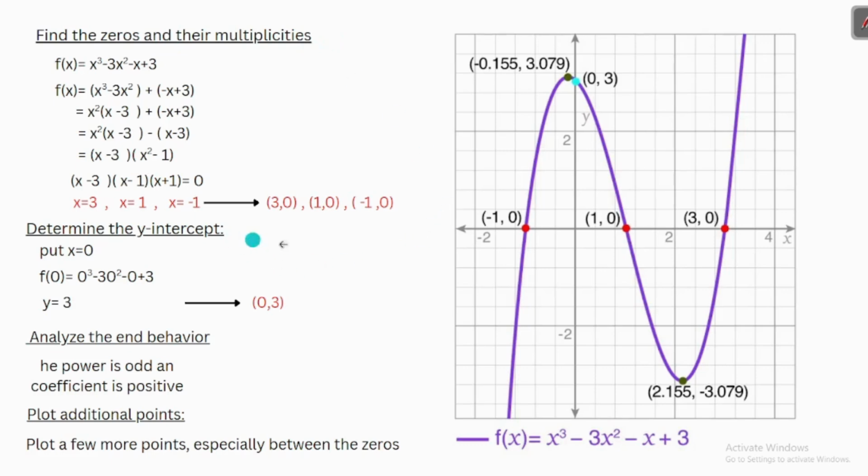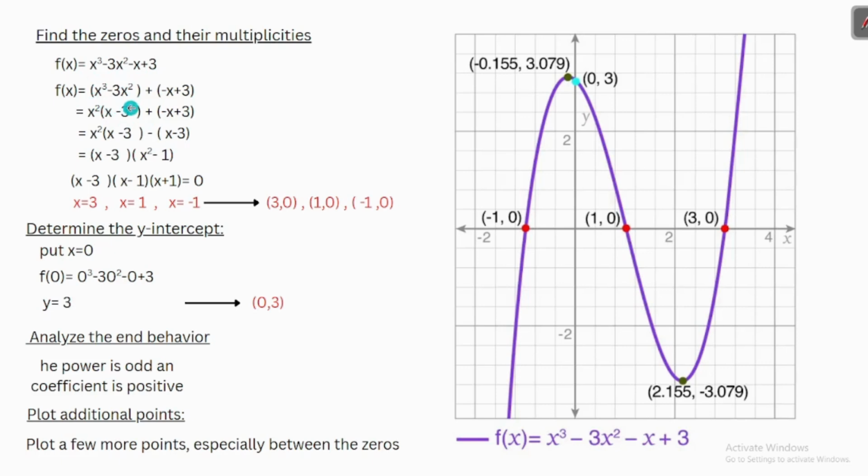The second step is to determine the y-intercept. Third is to analyze the function behavior. Fourth, plot points.